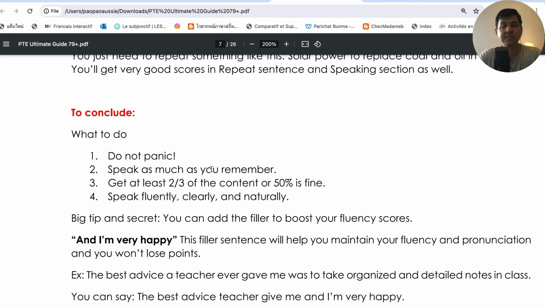They can't get 100% of the content correct unless the sentence is very short and very easy. And the third one, get at least 2 out of 3 of the content, or 50% is fine. Number 4, the last one is you have to speak fluently, clearly and naturally.